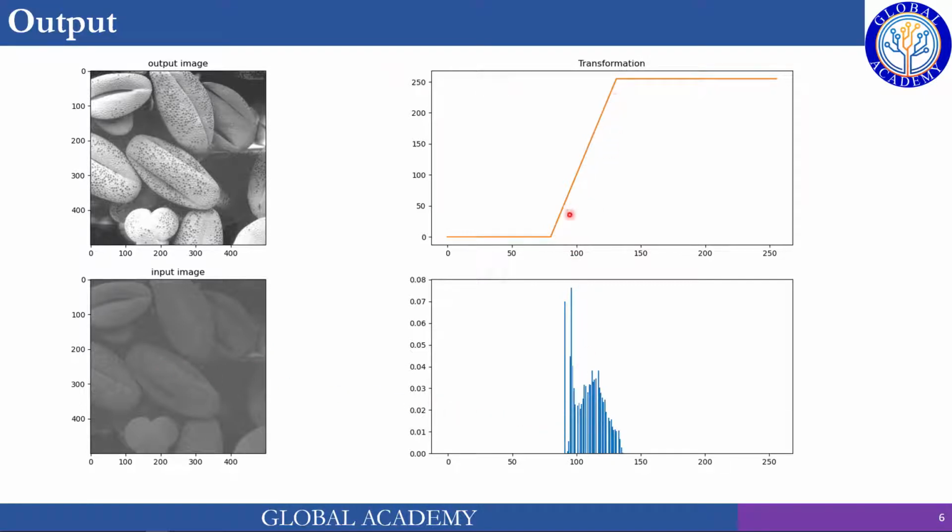That was the transformation we derived specifically to stretch the contrast of this image, and then this range of gray levels is transformed to the entire range, and this is the output image in the top left corner. So the contrast of this image is stretched using piecewise linear transformation to get this image.